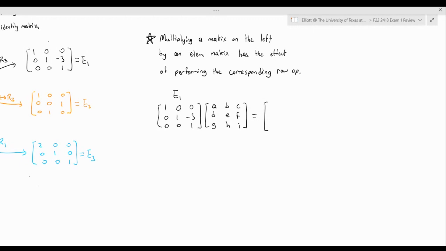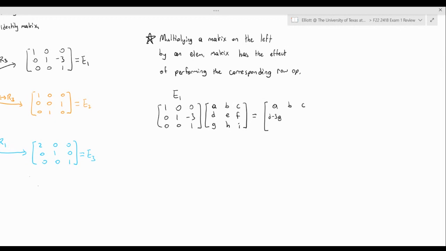the first row, you're going to get 1 0 0 dot product A D G. That's going to be A plus 0 plus 0. Next, you'll get B plus 0 plus 0, then C, okay? The second row is a little bit different. If you do the multiplications, it's the second row dot product with each column, you'll get 0 plus D minus 3G.